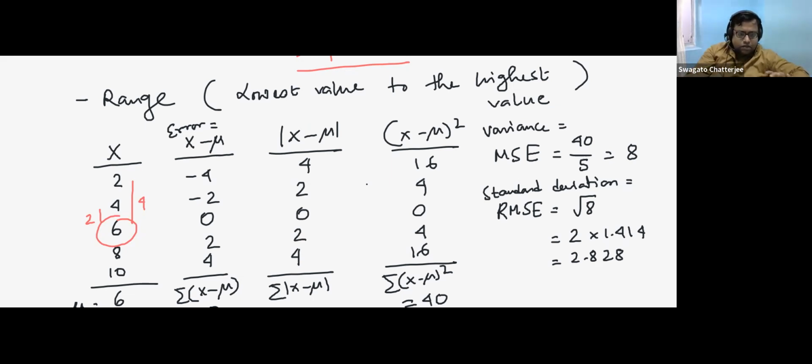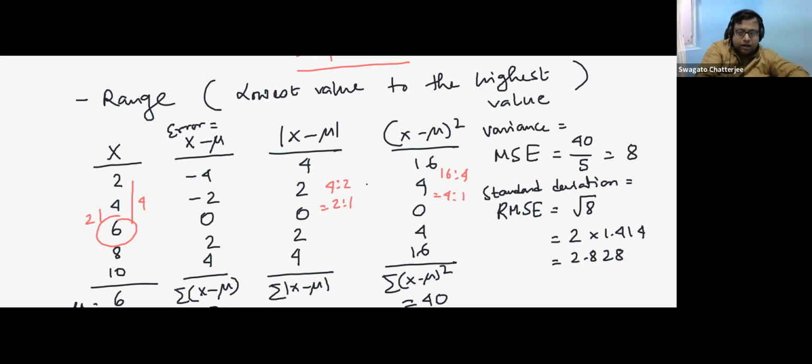So -2 and -4: these two guys' contribution towards this error is at a ratio of 4:2, or 2:1. But the moment I calculate MSE, it is at the ratio of 16:4, which is 4:1.